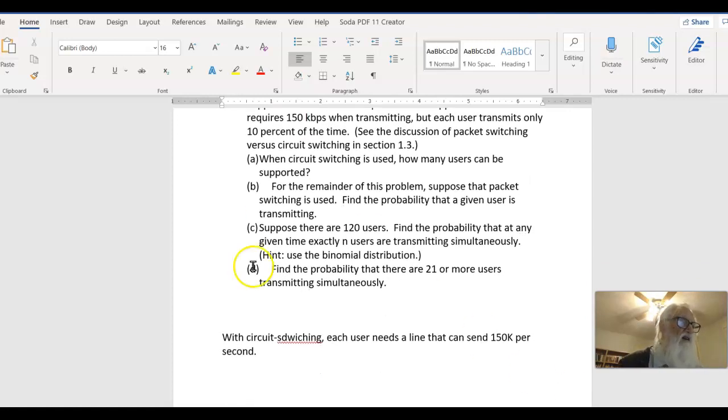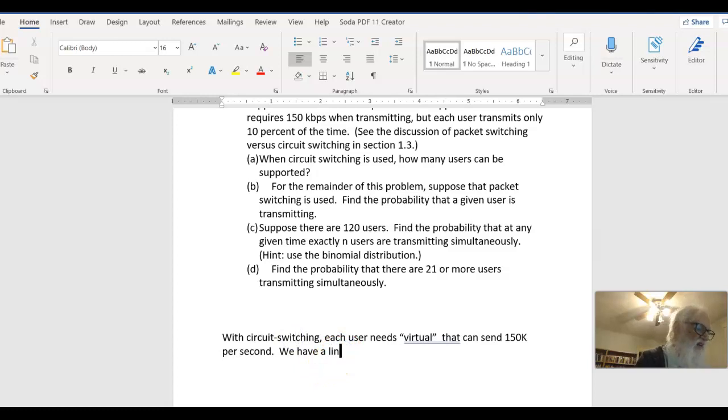We have a line. I need a virtual line, I'll say. Switch, pardon me.